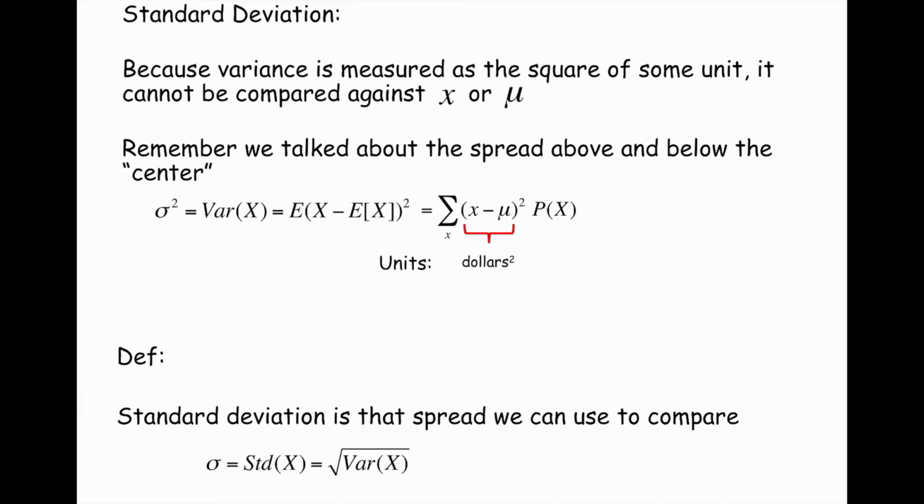So I'm going to take the square root of this variance, and that square root of the variance is called standard deviation. Because variance was called sigma squared, lowercase sigma, Greek symbol, the square root of that is called sigma, and sigma is standard deviation. So functionally, sigma is equal to STD of x, standard deviation of x, which is nothing more than the square root of the variance of x. Any questions about this?